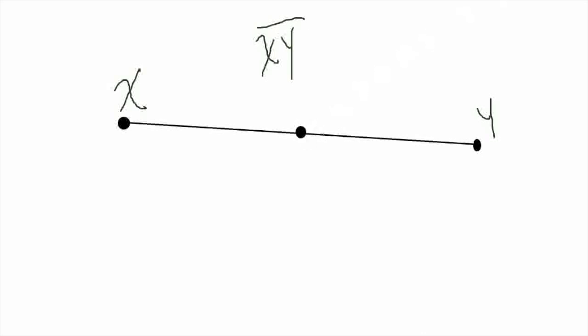Let's say I was right there, and we'll give it a name. Let's call it point A. So A is at the center. Now, another name you'll see people in geometry use, they'll call the center point of a line segment the midpoint. So midpoint means the center.